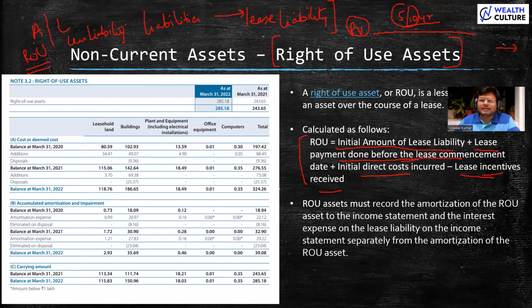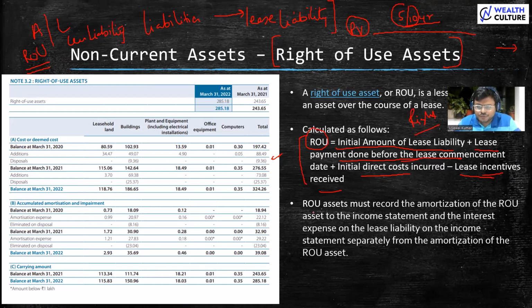That becomes the right of use that comes on the balance sheet. The reason it is treated like an intangible asset is that it is a right. You're not really bringing those assets onto your balance sheet; you're only valuing the right to use that asset, by looking at the cash flows and discounting them.